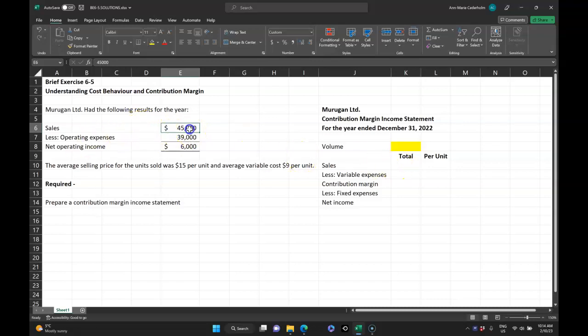So when I look at this 45,000, that's the number that goes here. And it tells me that the average selling price for the unit sold was $15 per unit. So I'll put the 15 right here. And since it's 45,000, if I take 45,000 and divide that by 15, that gives me 3,000 cookies.